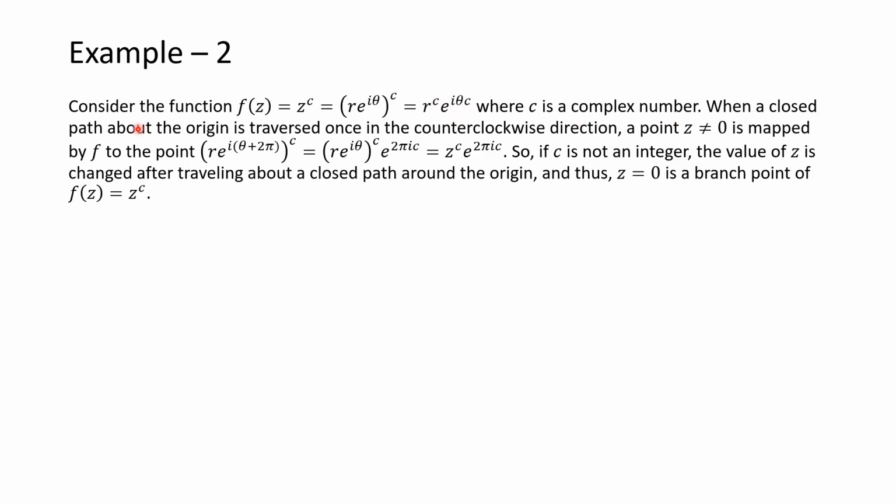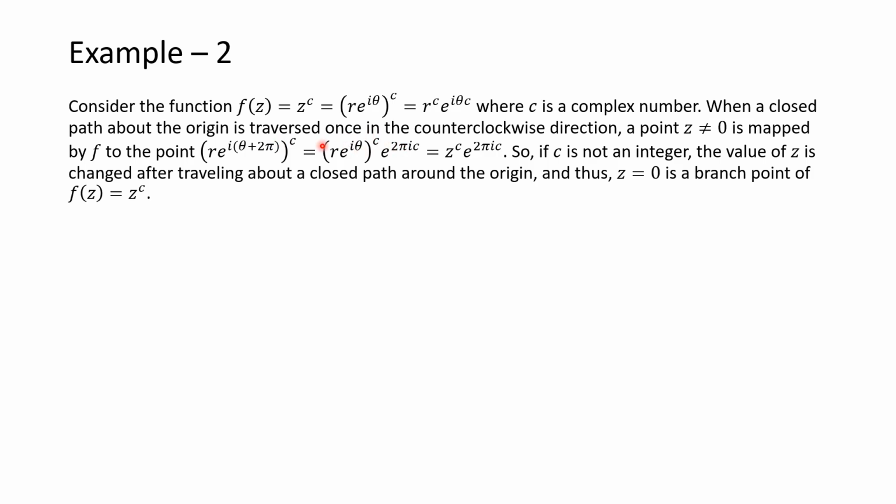When a closed path about the origin is traversed once in the counterclockwise direction at a point z not equal to 0, it is mapped by f of z to the point, and I just plugged in the 2 pi here for our argument. And you can expand that out like this, just raising this to the c power.